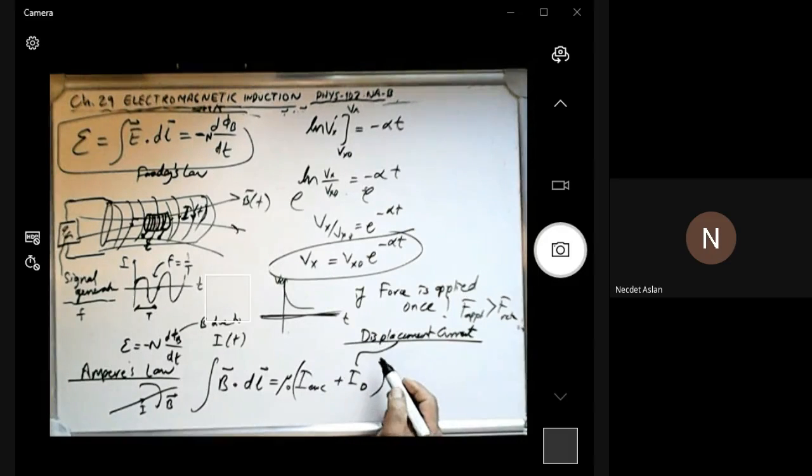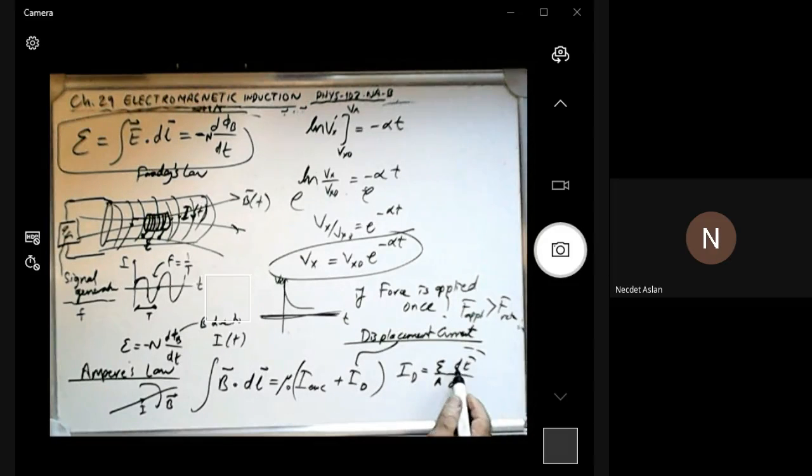The displacement current is due to the fast rate of change of the electric field. So displacement current is equal to epsilon naught times area times dE over dt. So this is the right side of Ampere's law.